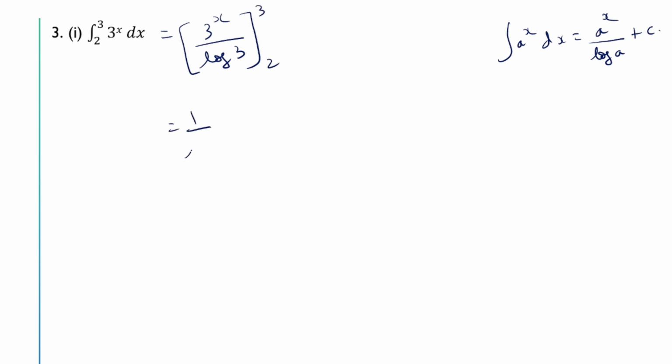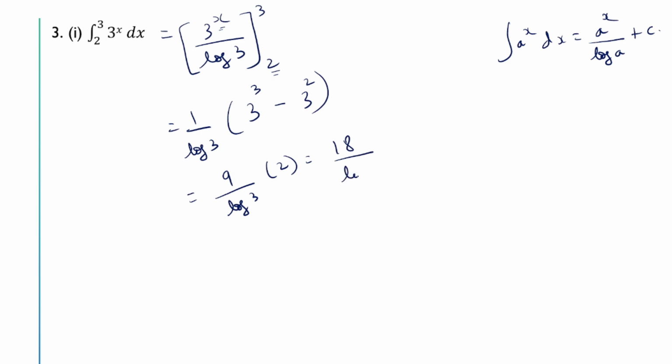So this is equal to 1 by log 3 into, upper limit is 3, so in place of x we have to substitute 3. So it is 3 cube minus, lower limit is 2, in place of x we substitute 2, 3 square. So this is equal to 9 by log 3 into 2, or it is equal to 18 by log 3.